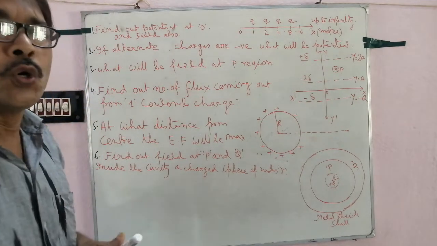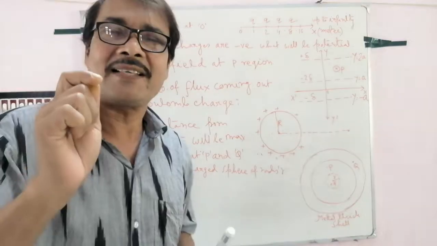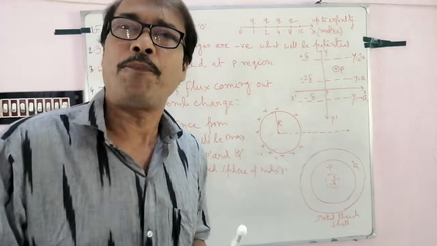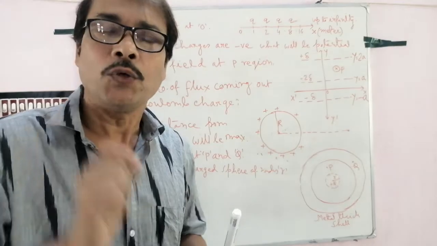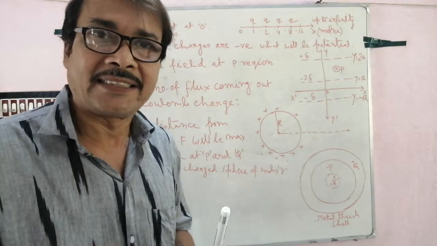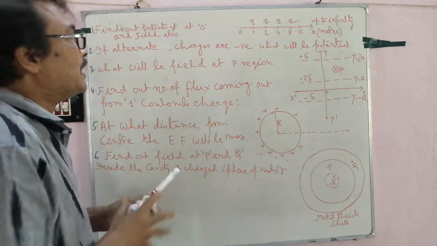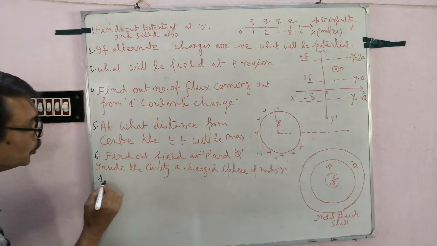Now, in my third lecture, I proved that the potential at a distance x from a point charge is equal to 1 by 4 pi epsilon naught, q by x, in SI system, in vacuum. Now, question number 1, solution.